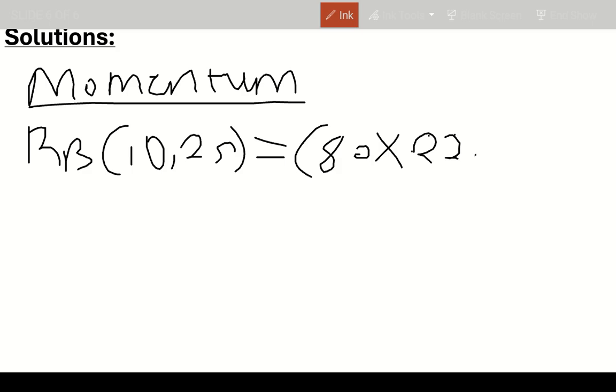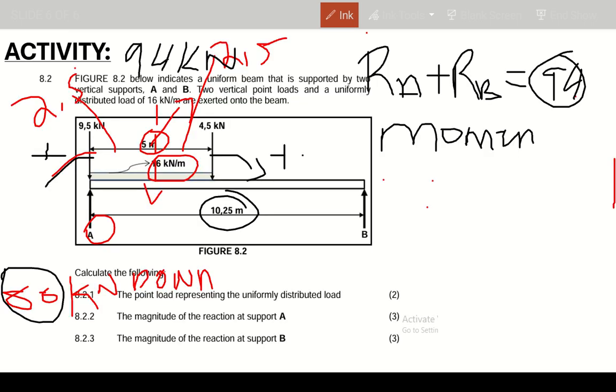2.5 plus 4.5 times the overall distance, which is... this 5 is this one, 4.5 is this one, and the 5 is this one.